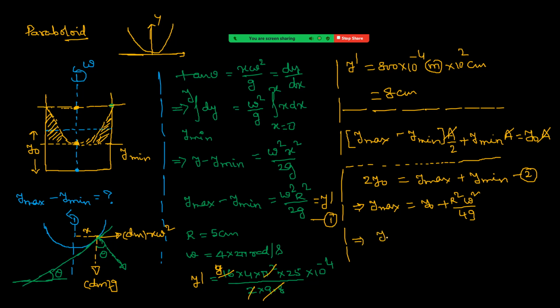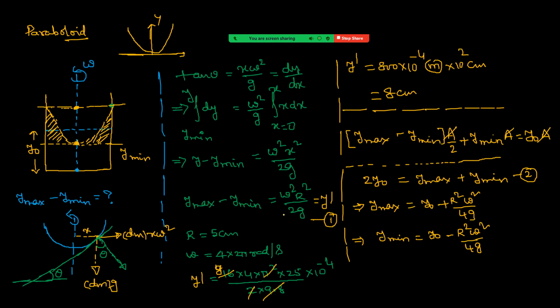Next, y minimum is equal to y naught minus r square omega square by 4g. So these values you can keep in mind, y maximum and y minimum. The difference of these two is equal to omega square r square by 2g.